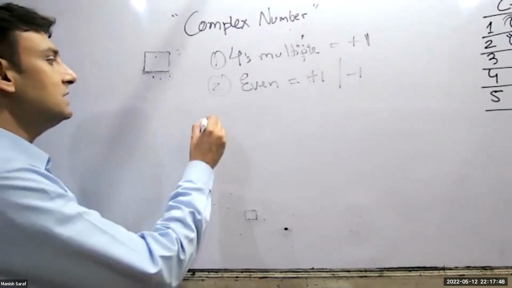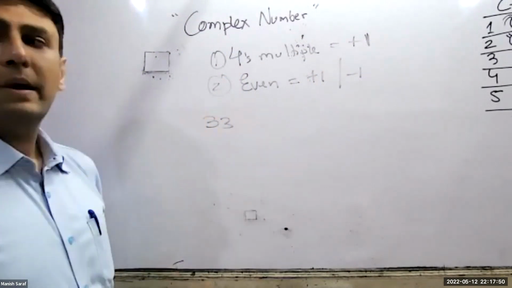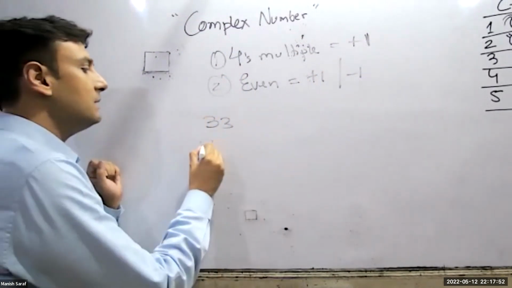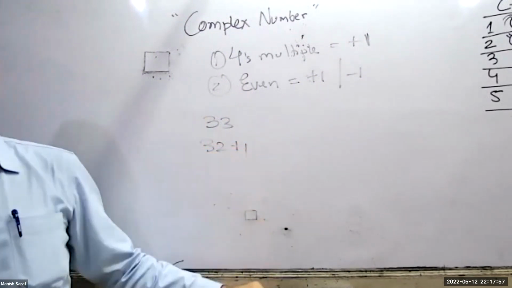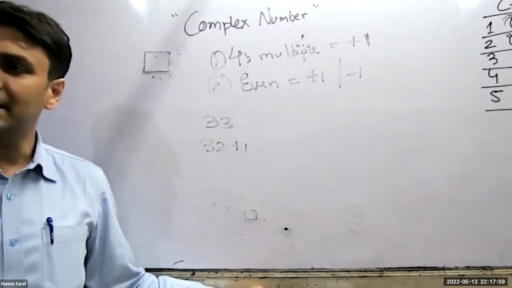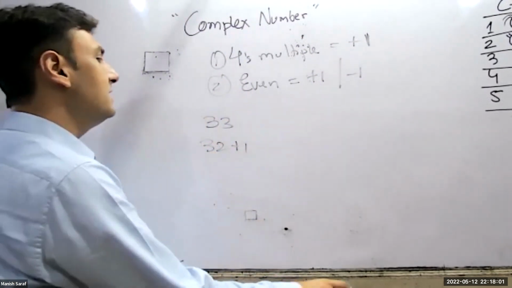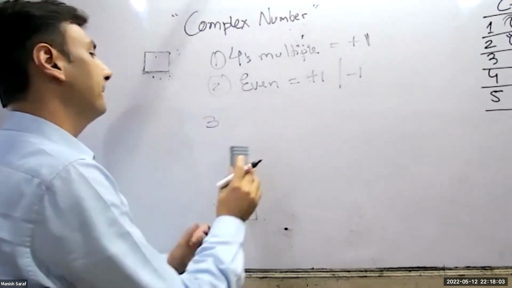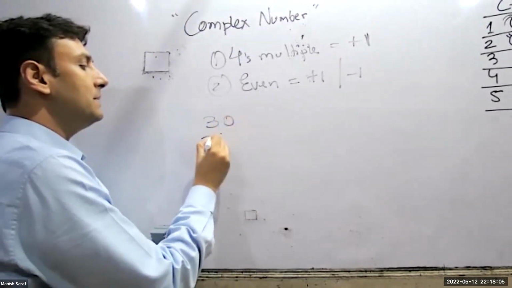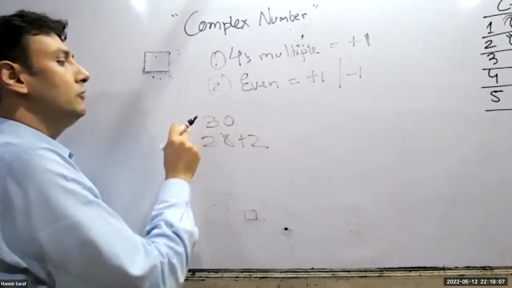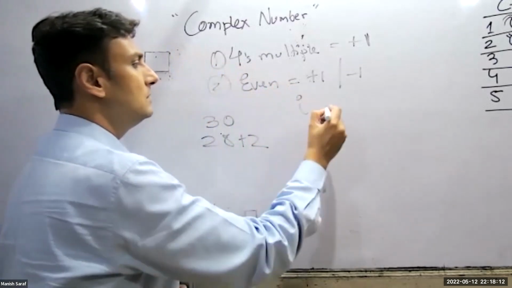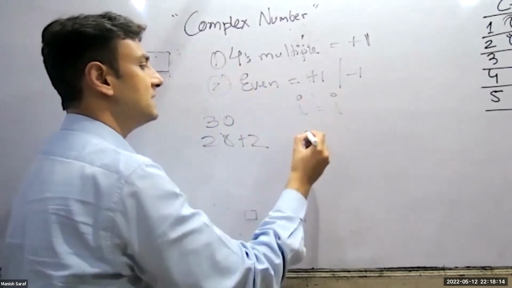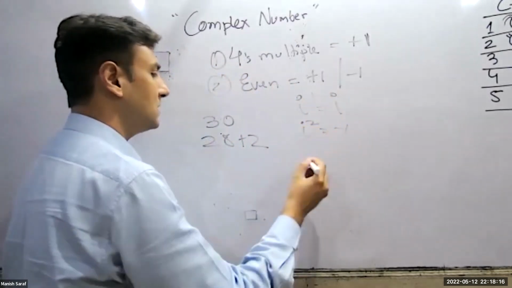So for example, 33, ये 3 का मल्टीपल है, but I have to understand 33 is nothing but 32 + 1. Which is 4 का मल्टीपल से एक ज्यादा. If it is 30, it is 4 का मल्टीपल से 2 ज्यादा. 4 का मल्टीपल से 2 ज्यादा मतलब, if you remember, I to the power 1 is I, I square is -1, correct?